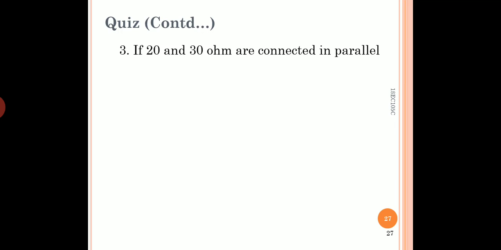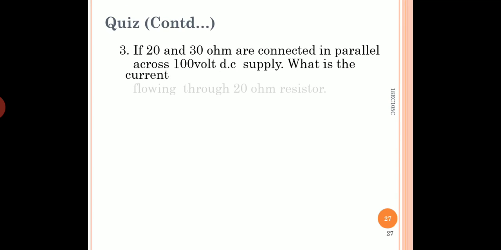Now let us see further quiz. If 20 and 30 ohm resistors are connected in parallel across a battery source of 100 volts, then what is the current through the 20 ohm resistor? It should be simple. Let us see what you have to say. So we are being asked about the current flowing through the 20 ohm resistor.